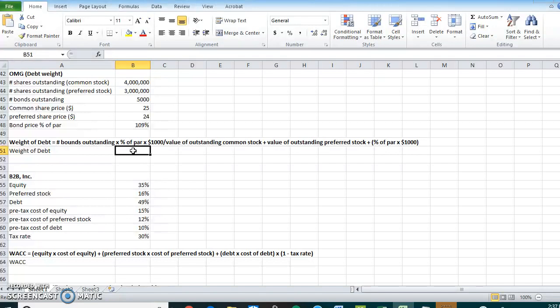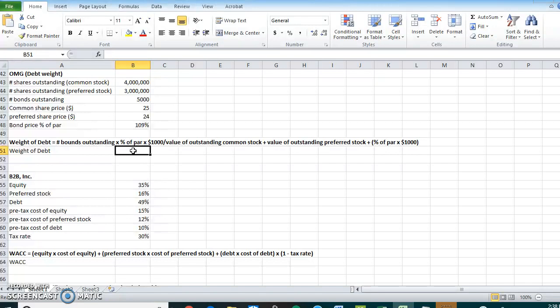So the weight of debt then is the value of the bonds outstanding divided by the value of outstanding common stock plus the outstanding preferred stock plus the value of the bonds outstanding. That's the way we do it.